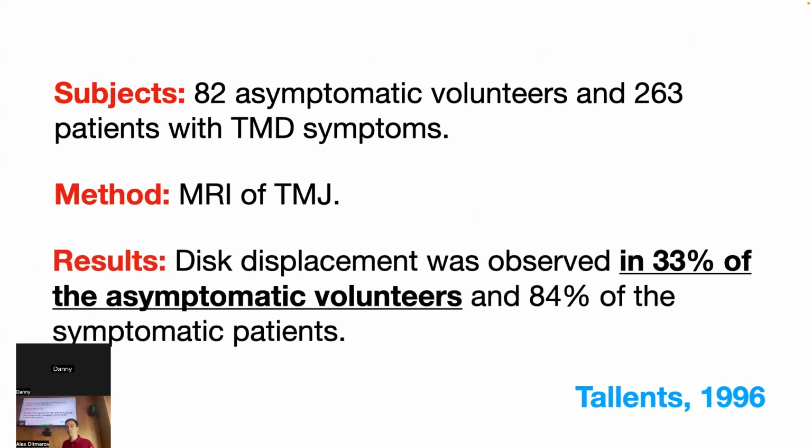The authors found that disc displacement was observed in 33% of the asymptomatic volunteers. And yes, the incidence of disc displacement was more common in symptomatic volunteers. 84% of symptomatic patients had disc displacement, but anyway, 33% is a huge number.